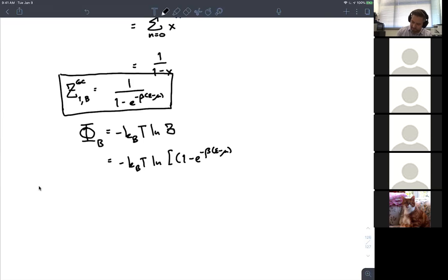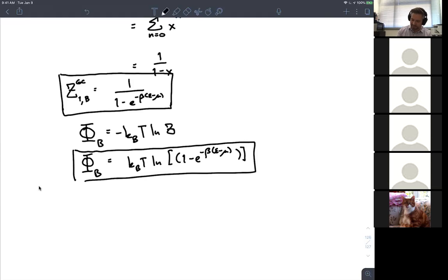Since this thing was in the denominator up here, you get this exponent of minus 1. Because of the way logarithms work, you pull that minus 1 down in front, and that gets rid of that minus sign. And now you are happy as a clam. So this is the single energy level free energy for bosons.